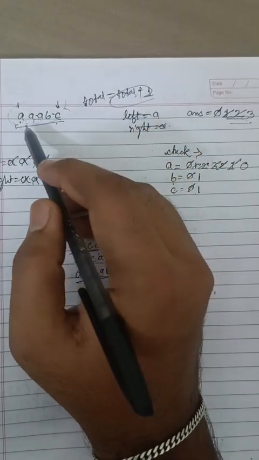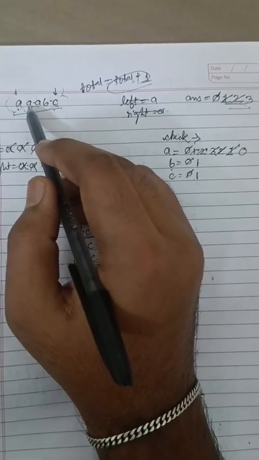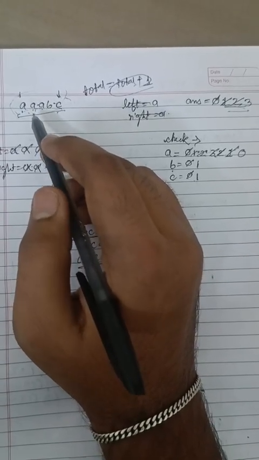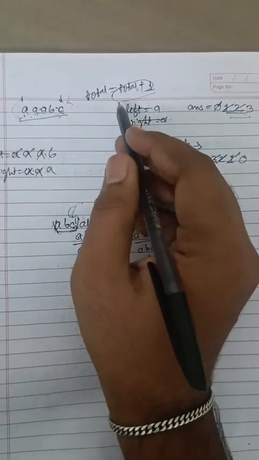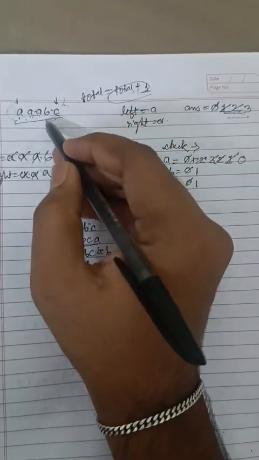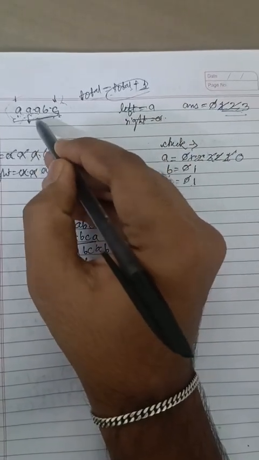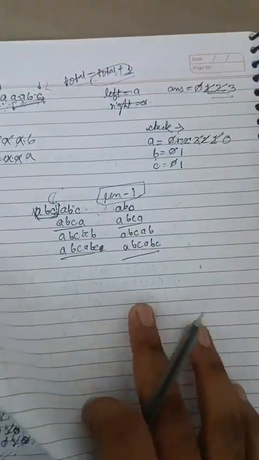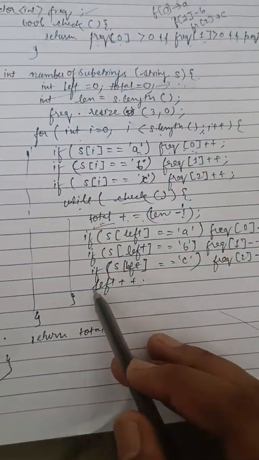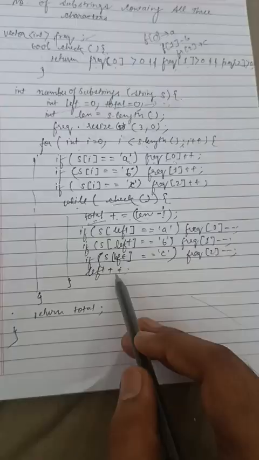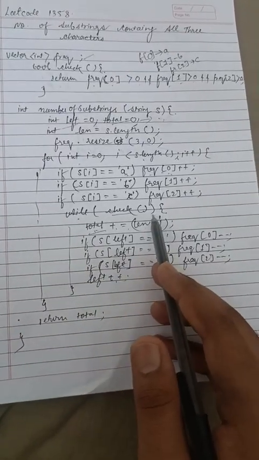Okay, now we will increment the left pointer, means we will move the left pointer to the right-hand side. So what we will get, again we will get this length, then again this length, and the answer will be 3. Similarly, what I am doing here is moving the left pointer toward the right-hand side, then checking whether it is valid or not.